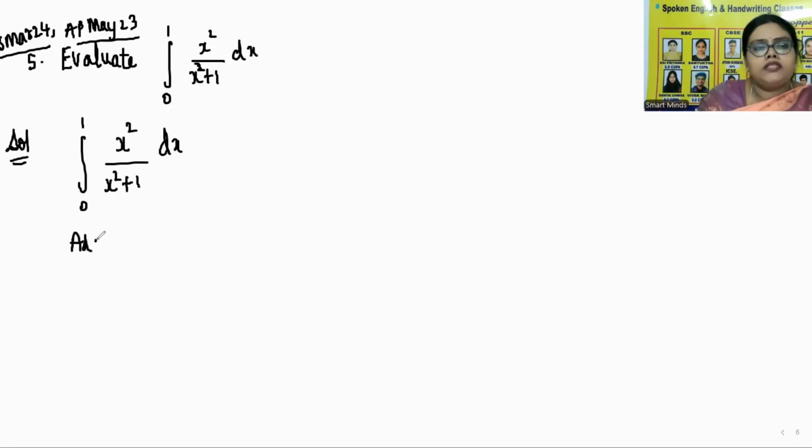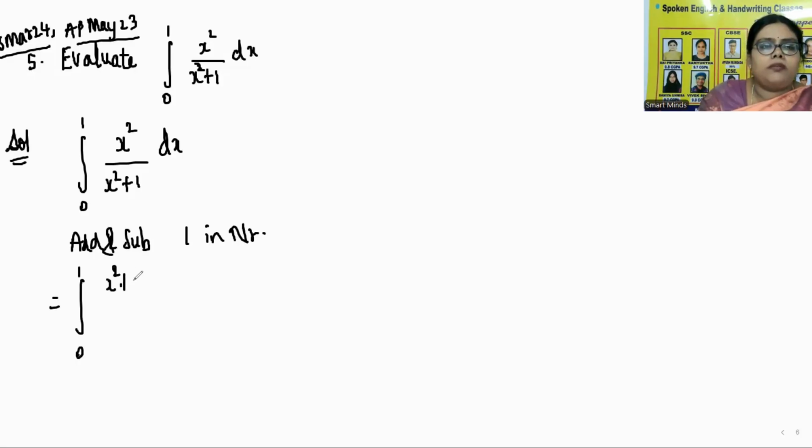So adding and subtracting 1 in the numerator, that will become integral 0 to 1 of x square plus 1 minus 1 by x square plus 1 dx.